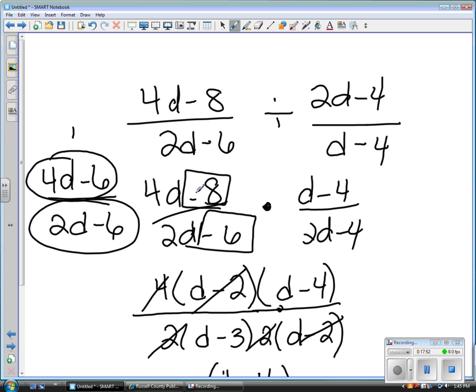Now, what you're asking is, can I pull out a 2D here, a 2, and make that 2D minus 4? Then this 2D, then you can, because this 2D minus 4 is the same as this 2D minus 4. That's okay. But I cannot go, well, this is 4D minus 8 and 2D minus 4. I've got to pull something out first to make them look exactly alike before I start to reduce them. Okay?